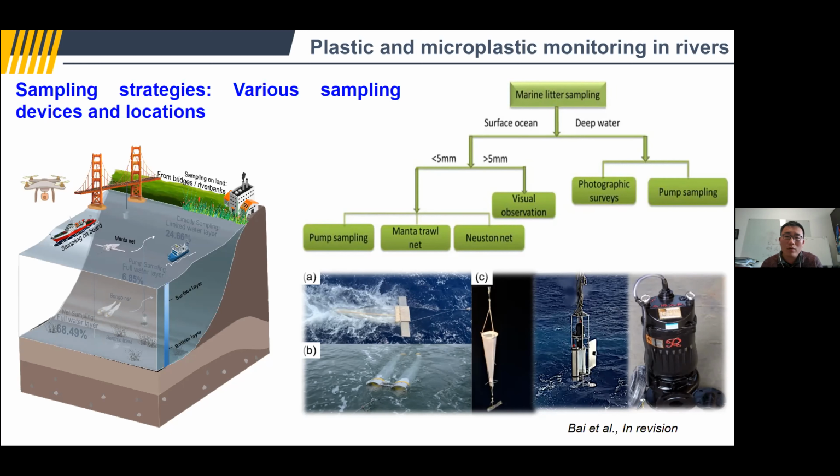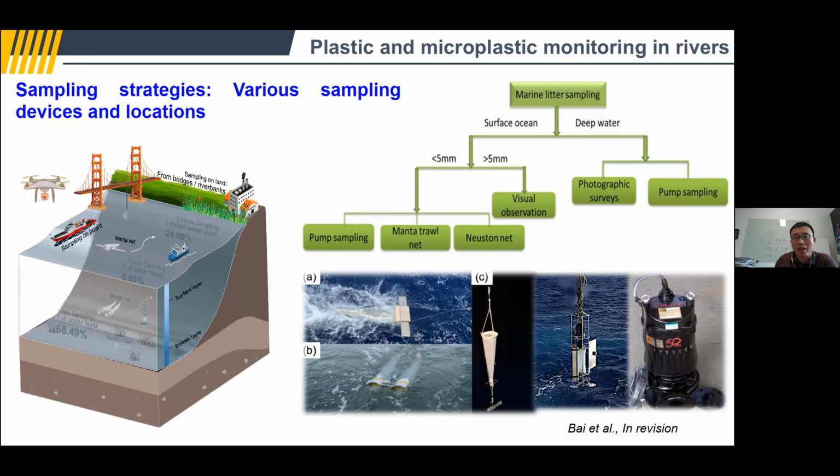There are general methods, including pump sampling, which is normally used for the water column rather than the surface. There is also net sampling, which can be used in the surface water, using normal nets such as manta nets and neuston nets.